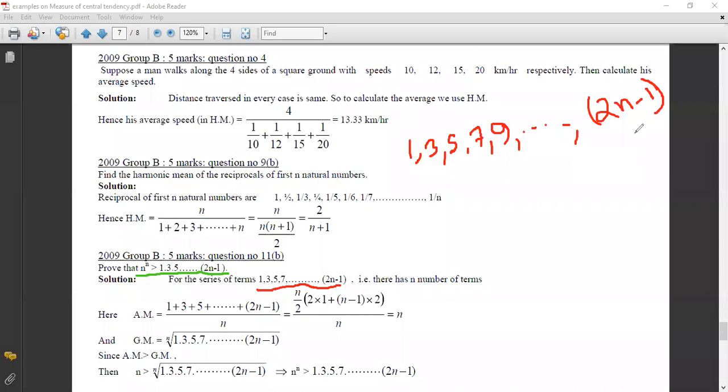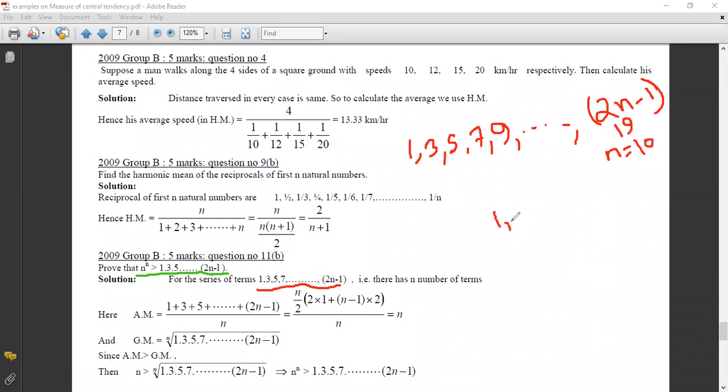Let's see. N is arbitrary. I will choose n is equal to 10. Let us think n is equal to 10. That is, 2n minus 1 will be 19. Am I right? 2 into 10, 20. 20 minus 1, 19.